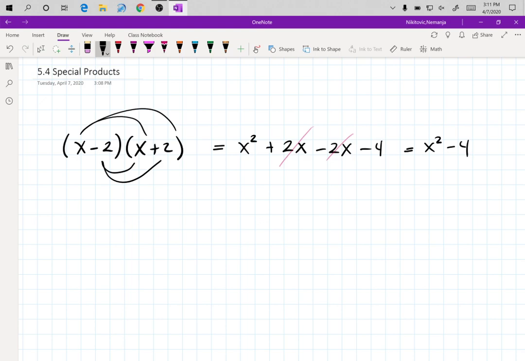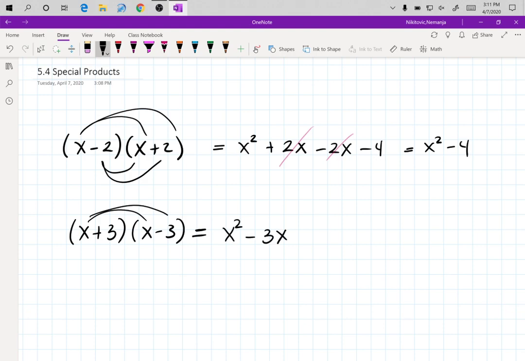But then you say, okay, how about x plus 3 times x minus 3? Well, let's see what we get, because we are going to do the same multiplication as last time. So x goes into both, which is x squared minus 3x.